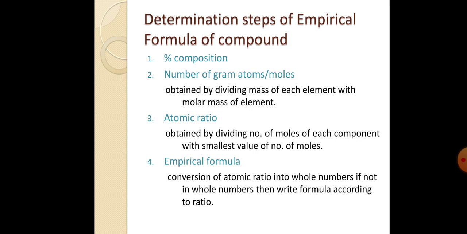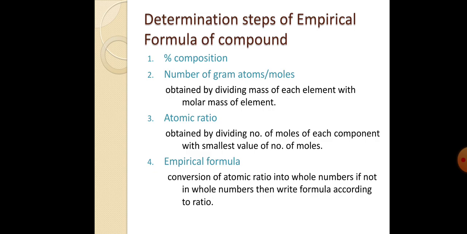But in some cases, if the atomic ratio is not a whole number, then convert this number into whole numbers. And to convert a fractional number into a whole number, multiply it by a suitable digit. Here you will multiply all the atomic ratios of combining atoms by the suitable digit and make a whole number. After that, again write the empirical formula according to that ratio.